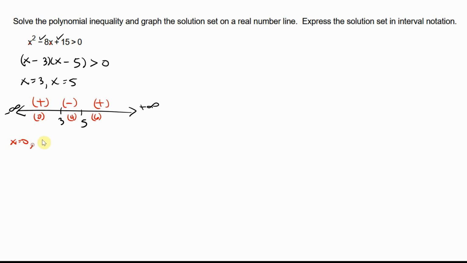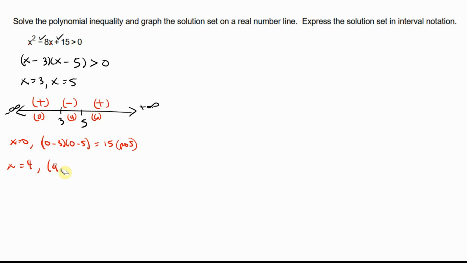So x equal to 0: 0 minus 3 times 0 minus 5 gives us positive 15. But we just want the sign. Test x equal to 4. And for the next problem, I'm not going to write all this because I want you to see it. You get it. Keep moving.